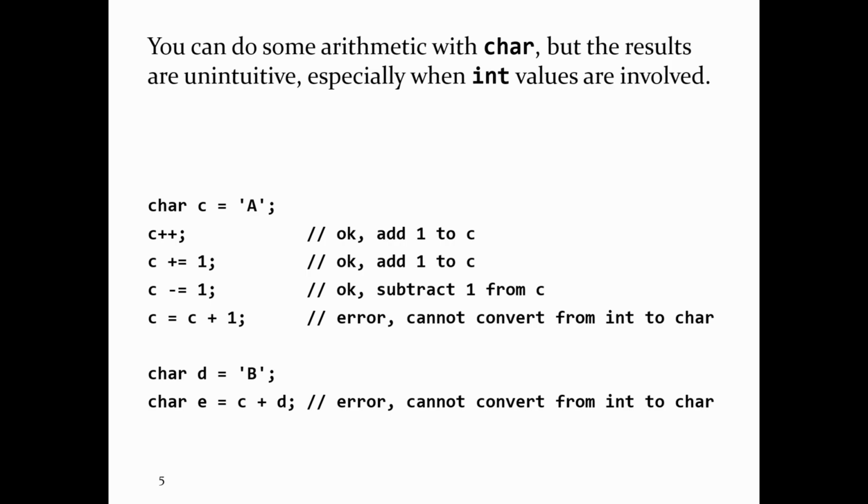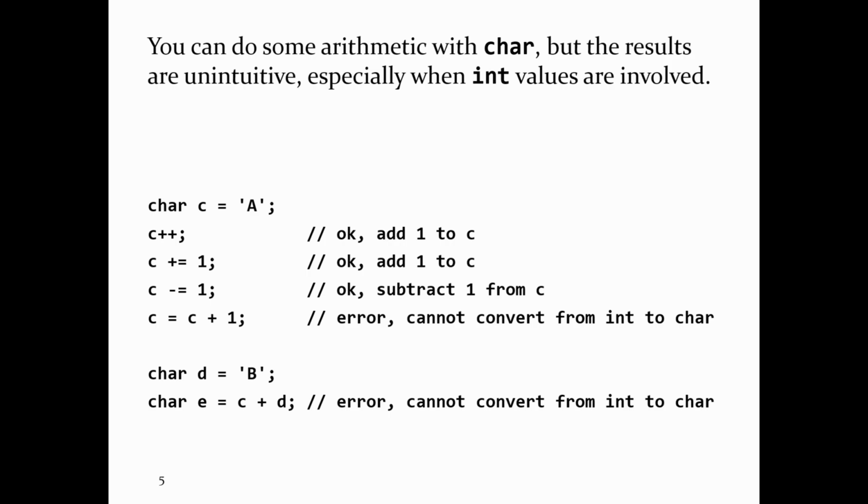So if you try to use char, byte, or short, if you do arithmetic with them, the arithmetic actually gets evaluated in int. That becomes an int value, and now you get the same error. I can't store an int in E, because E is type char. But this is just the way it works. So if you ever find yourself doing arithmetic with char, be a little bit careful with it.